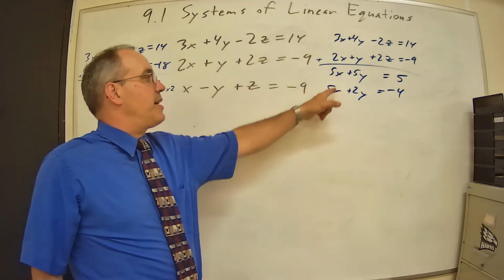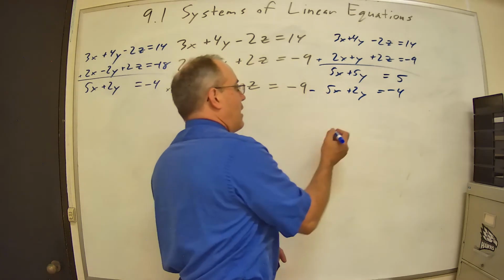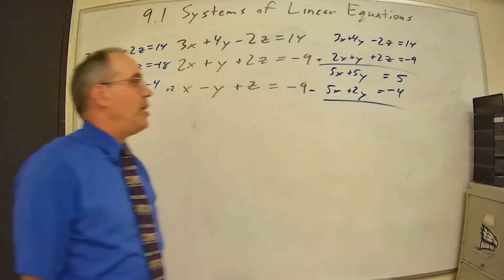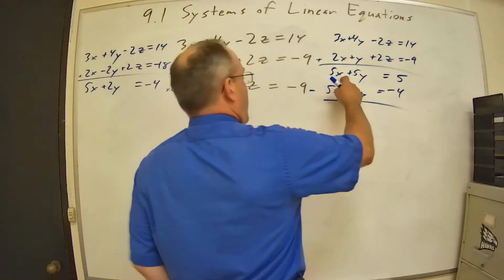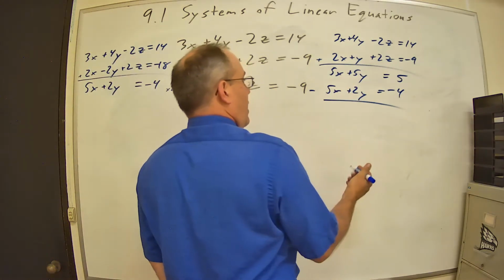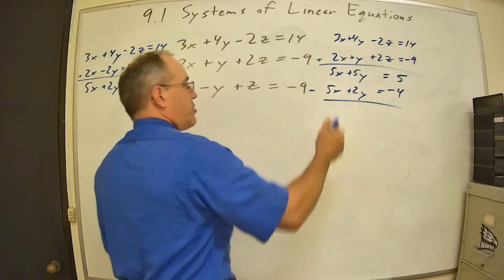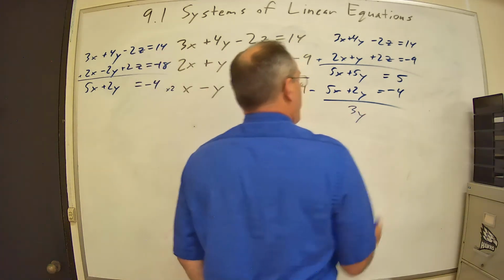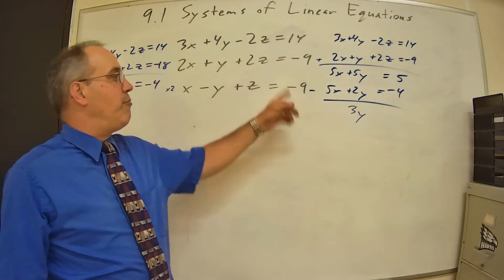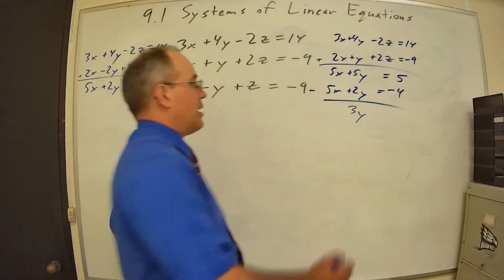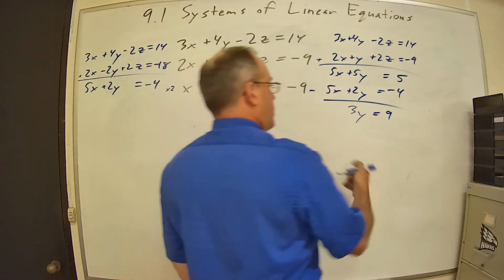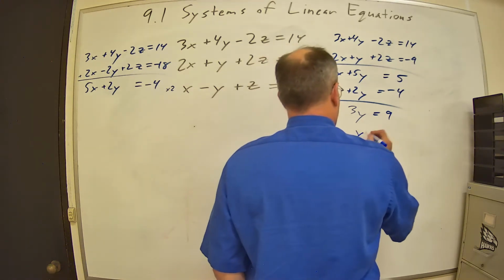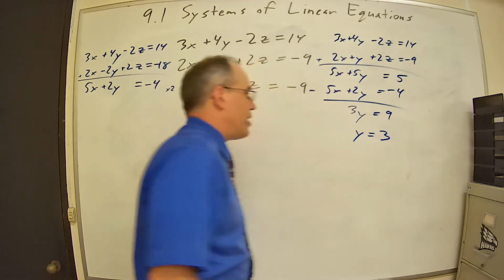And I see 5x and 5x, so if I subtract that second equation from the first one, it'll cancel out my x's. 5x minus 5x is 0x. 5y minus 2y is 3y. 5 minus negative 4 is 9. 3y is equal to 9, divide both sides by 3, and I get y is equal to 3.